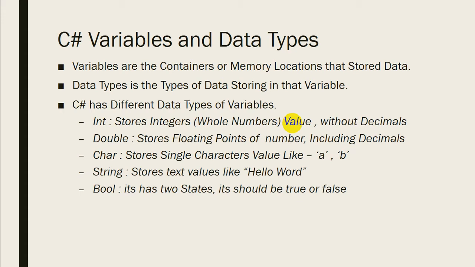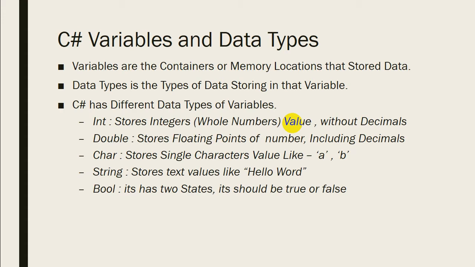Then we have the string data type that stores text values, and the boolean, whose keyword is bool. This variable has just two states: it should be true or false.